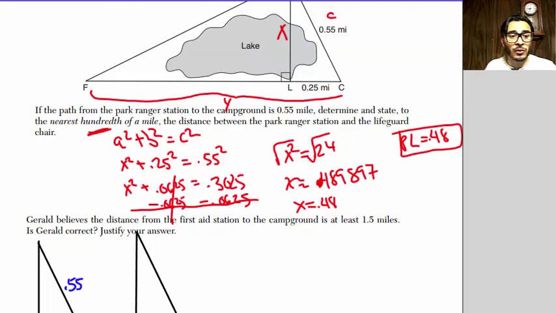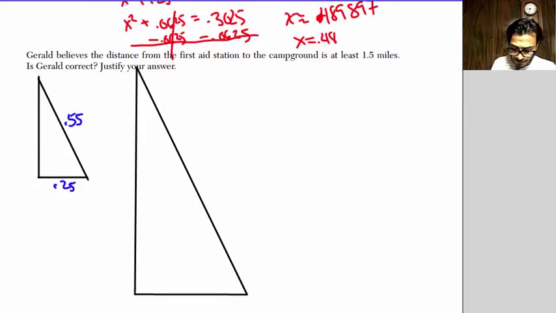But the hypotenuse is what we're looking for, so that's y. And then you could see that the base is also 0.55. So one proportion I can write is 0.55 over 0.25 equals y over 0.55.